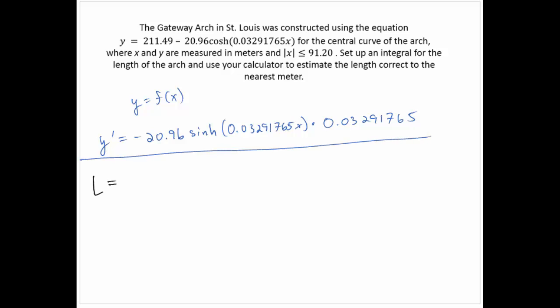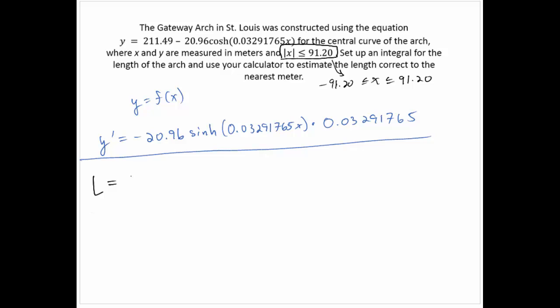Now the arc length. Well, we're told that the absolute value of x is less than or equal to 91.20. Recall that means that x is between negative 91.20 and positive 91.20.